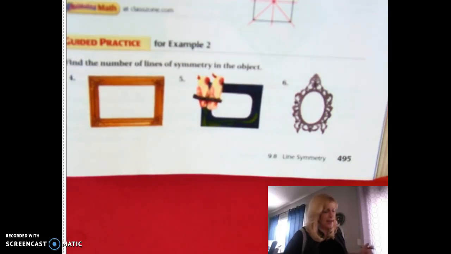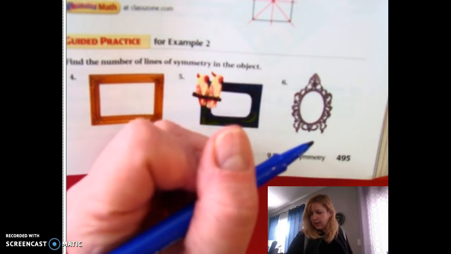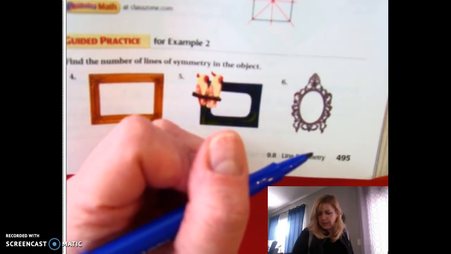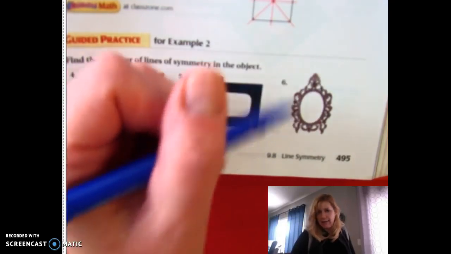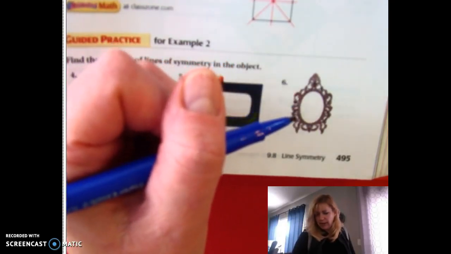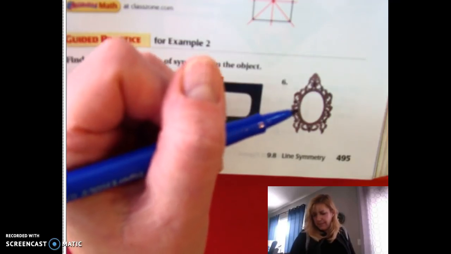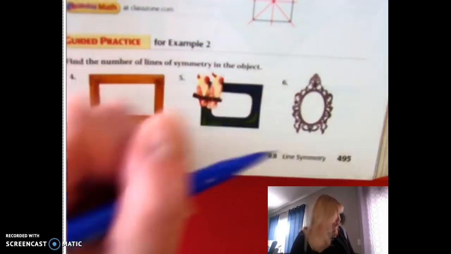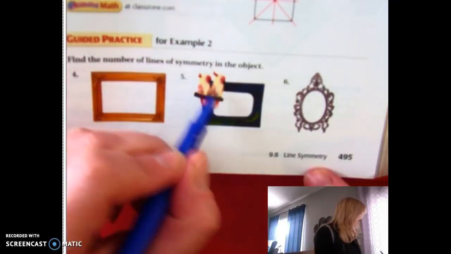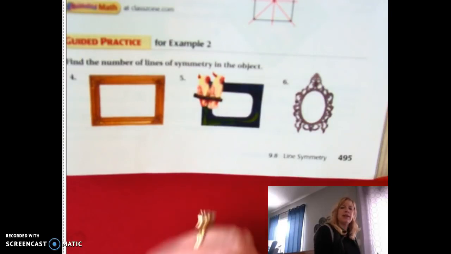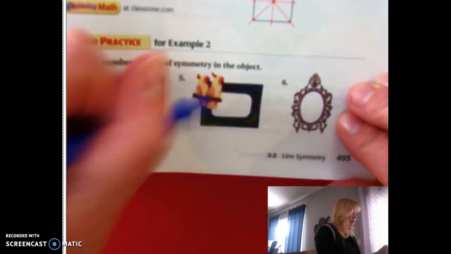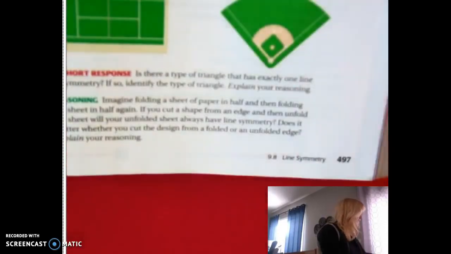When you look at this one right here, you are going to see that you can divide it in half, and that is going to have one line of symmetry. When you look here, we are including that bird in the picture, and if you were to fold it in any direction, it's going to have 0 lines of symmetry because of the bird, pretty much.